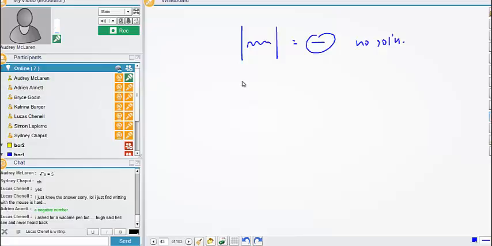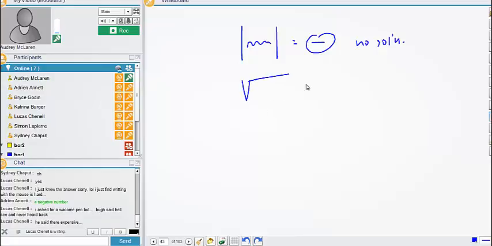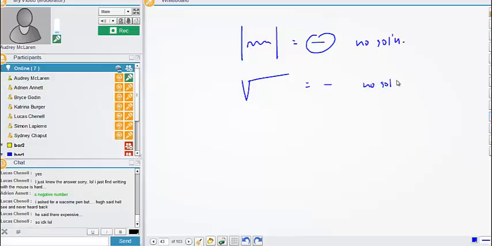Okay, well, it's the same thing for the square root. Whenever you have the square root equaling a negative, that also means no solution. Like if I said to you square root of x is equal to -5, there'd be no solution to that.